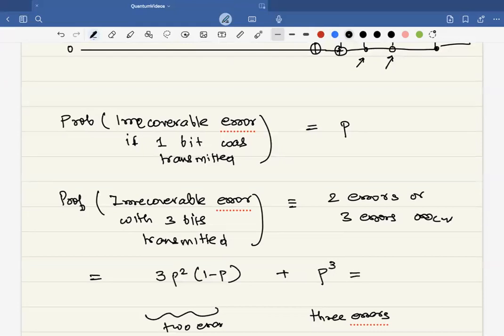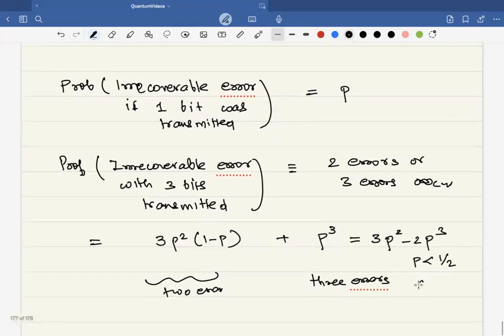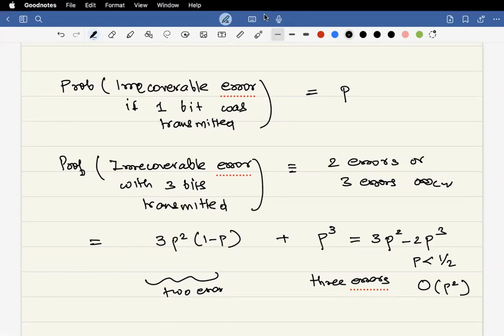So this is equal to 3P square minus 2P cube. And one can show quite easily that if P is less than half, then this is order of P square. Right. So provided we keep the individual bit flip error to less than half, then we have actually decreased the probability of an irrecoverable error from P to order P square. So that's classical error correction. In the next video, we'll look at quantum error correction.